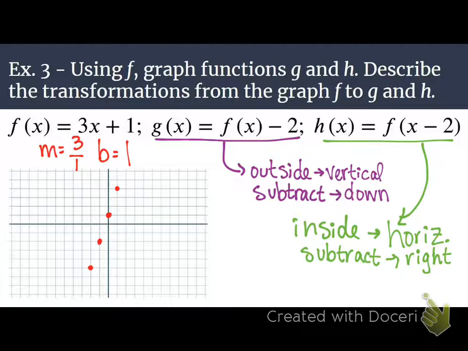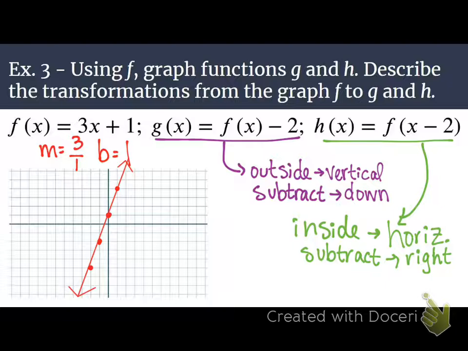Okay, so I've got a few points. We don't need a lot of them, but 3 to 5, maybe even 7 points. 3 to 5 points is probably good, though. I'll go ahead and graph that line. Make it red this time. It's pretty close. Okay, there's my parent function.